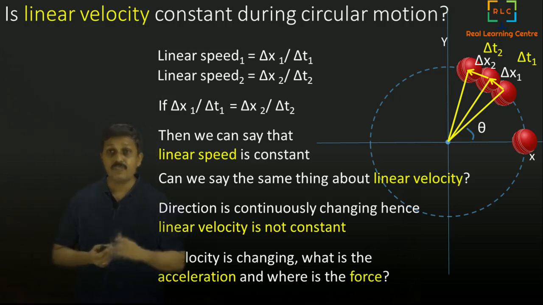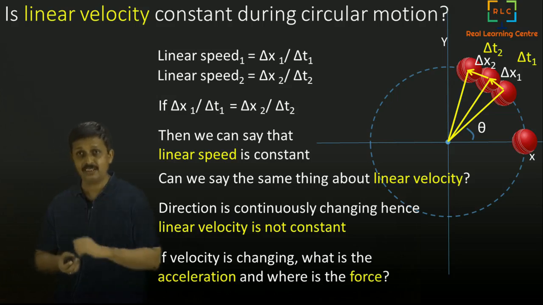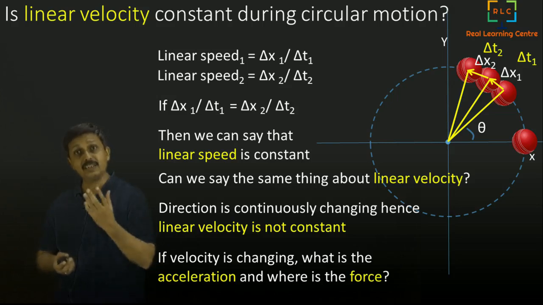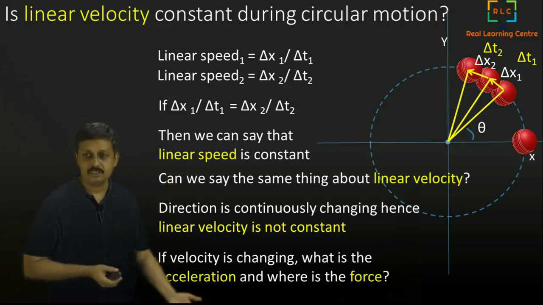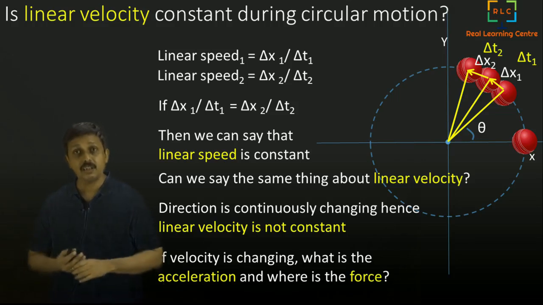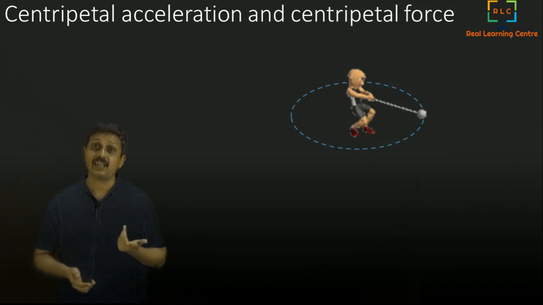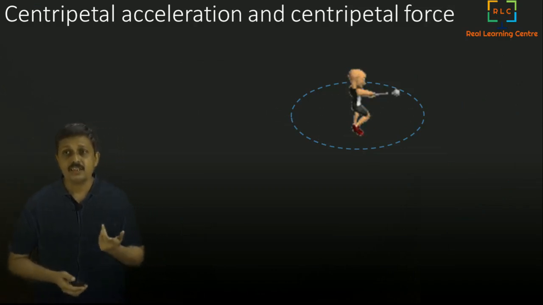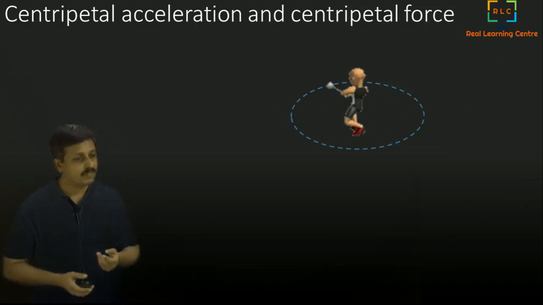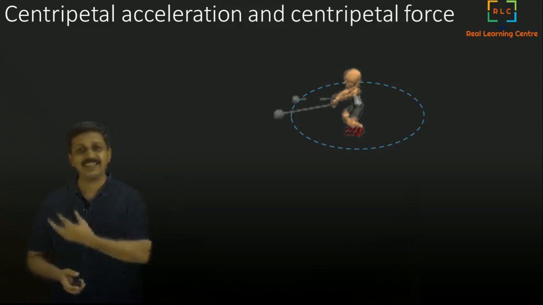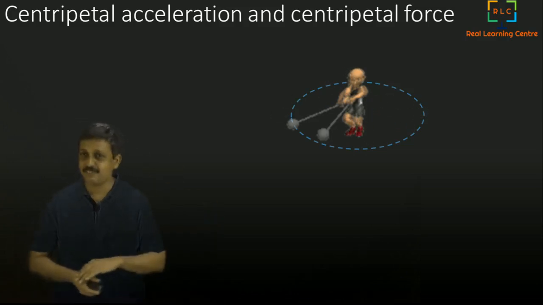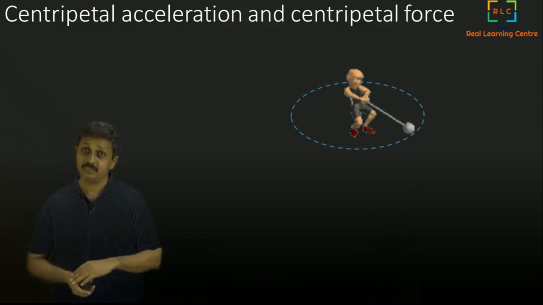So now our question is, we know that linear velocity is changing. If linear velocity is changing, there must be acceleration, and if there is acceleration, there must be some force. So we will see what they are. Let us say somebody is rotating the ball like this, then it is moving.